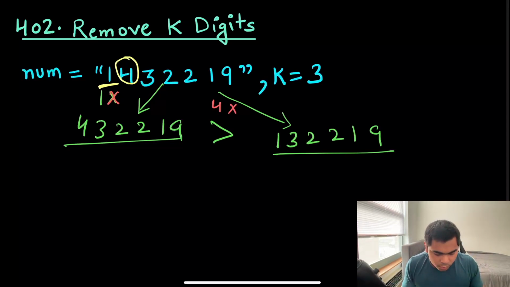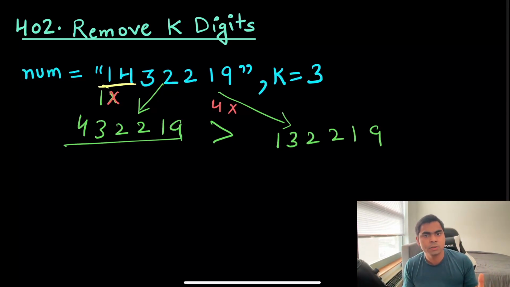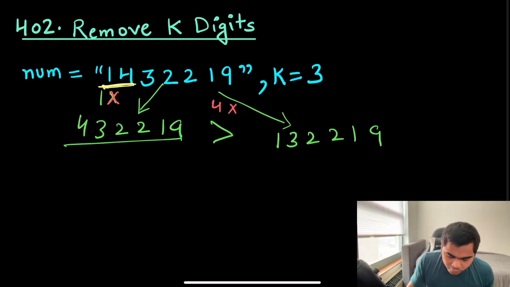In order to make that decision, we were comparing two neighboring digits, on the most significant side of the entire number, and removing the one that's greater, because removing that will bring down the value of the entire number.